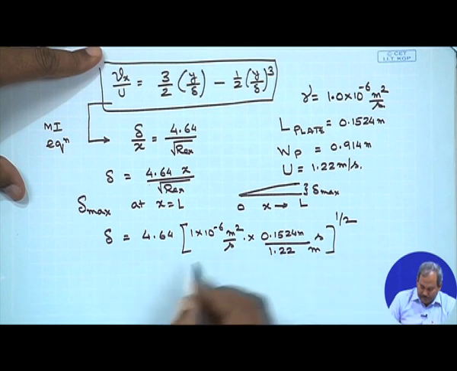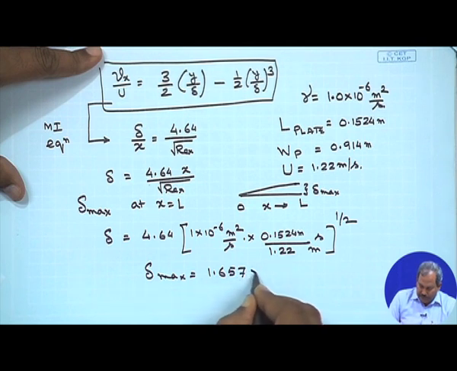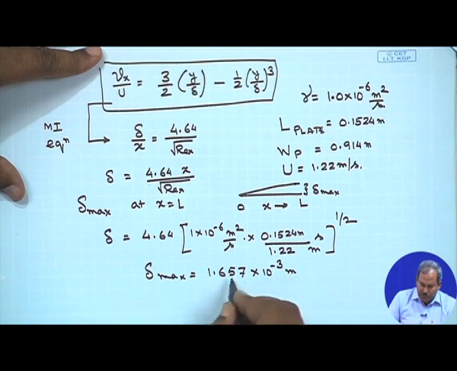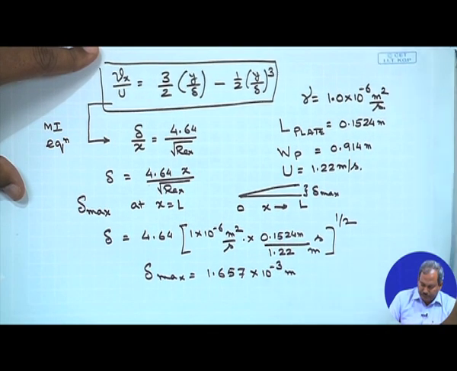Your delta max would turn out to be 1.657 into 10 to the power minus 3 meters, or roughly close to 2 millimeters.